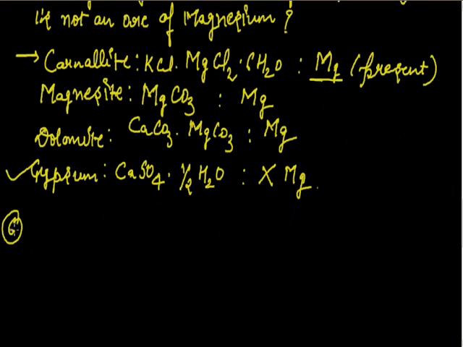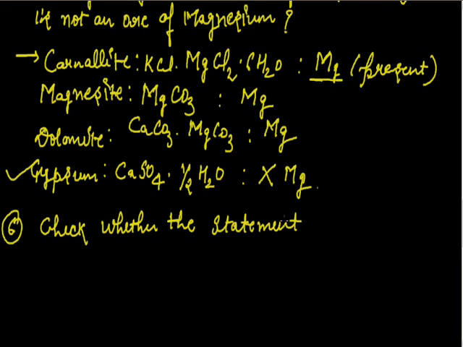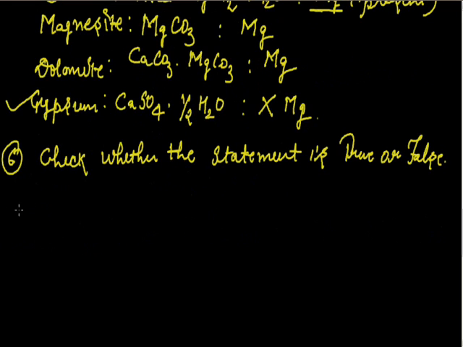Again the same kind of question. Certain statements are given, and we have to check whether each statement is true or false. First statement: in the Goldschmidt thermite process, aluminium acts as a reducing agent.